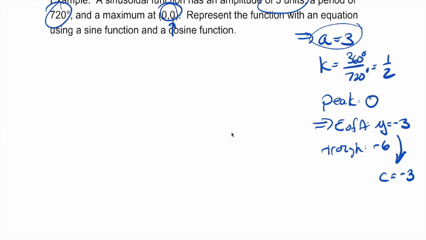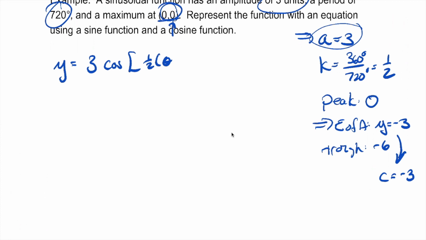So already I got 3 of the attributes. Let's pick cosine, because we're given the peak. It happens right there. So the equation starts off as y equals my A value, 3 cos. In this case, my K value is 1/2 theta.